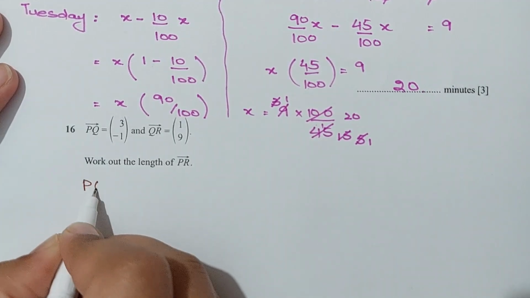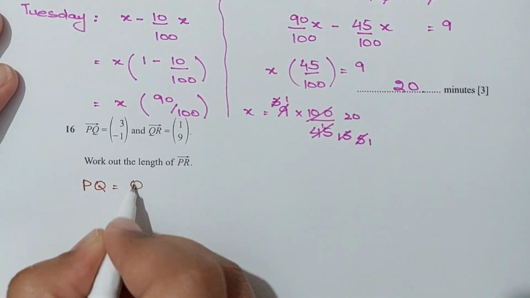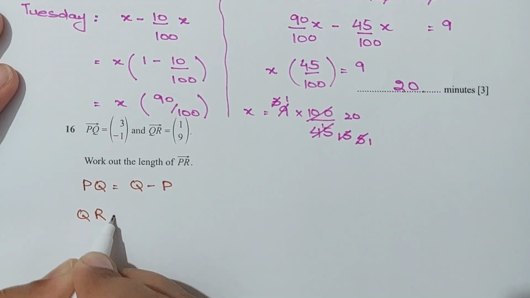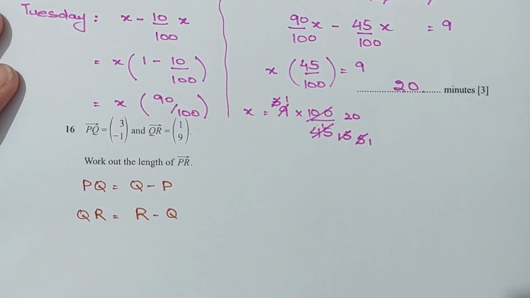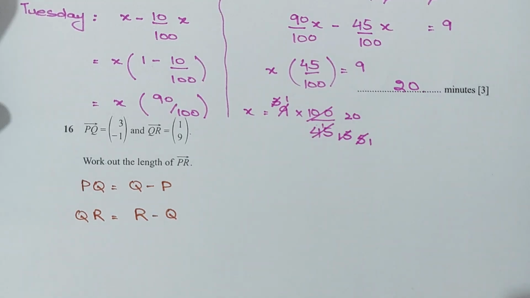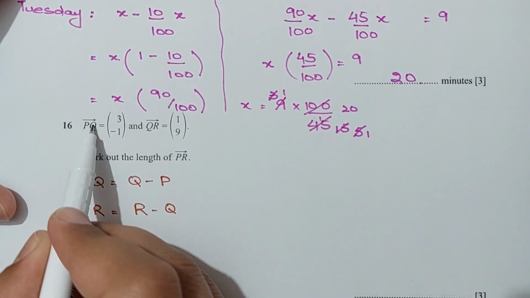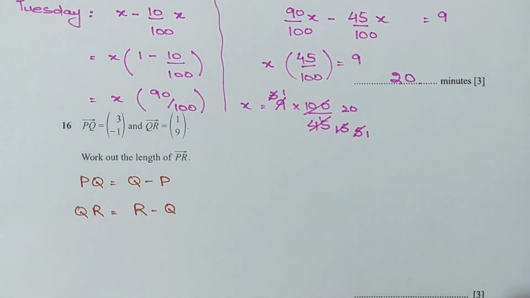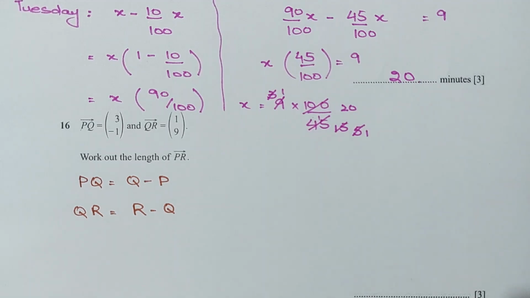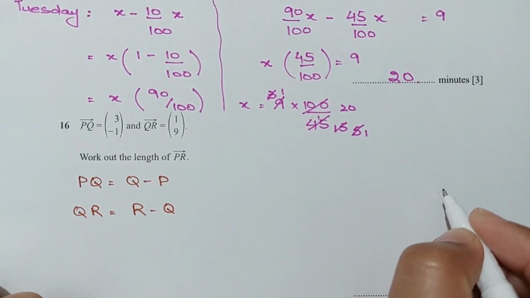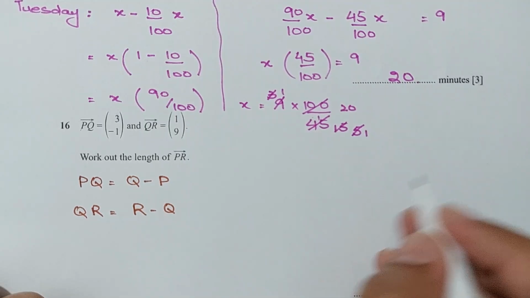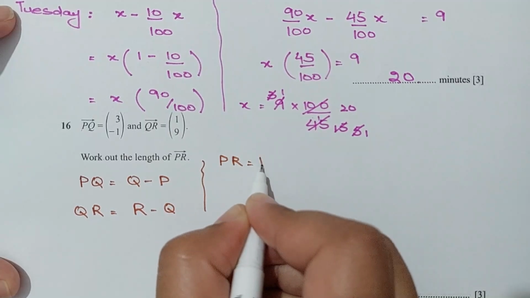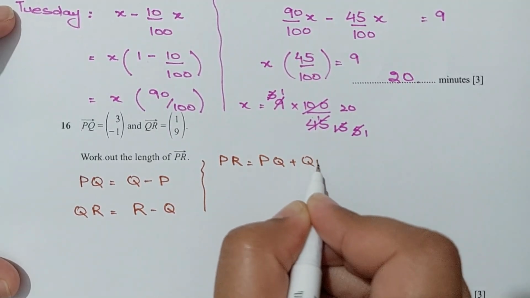PQ is basically Q minus P, and QR equals R minus Q. If we use logic over here, we know that P to Q, Q to R would be P to R. If we move from P to Q and Q to R, that would be the length of PR, right? So PR becomes the sum of PQ and QR.